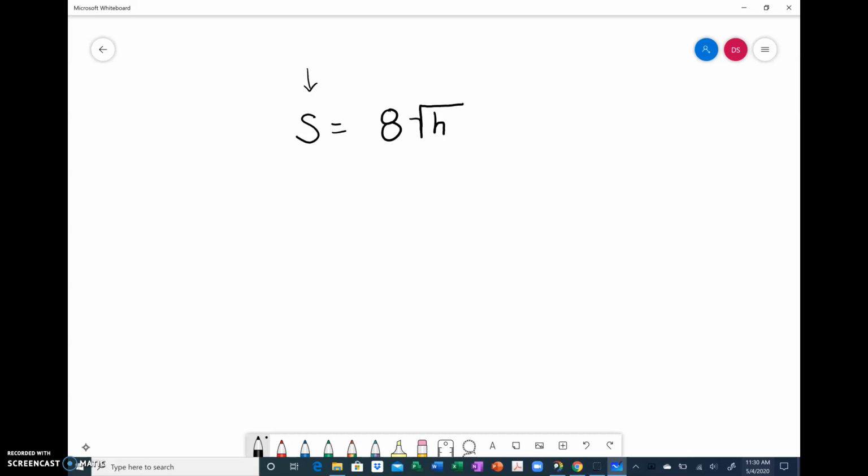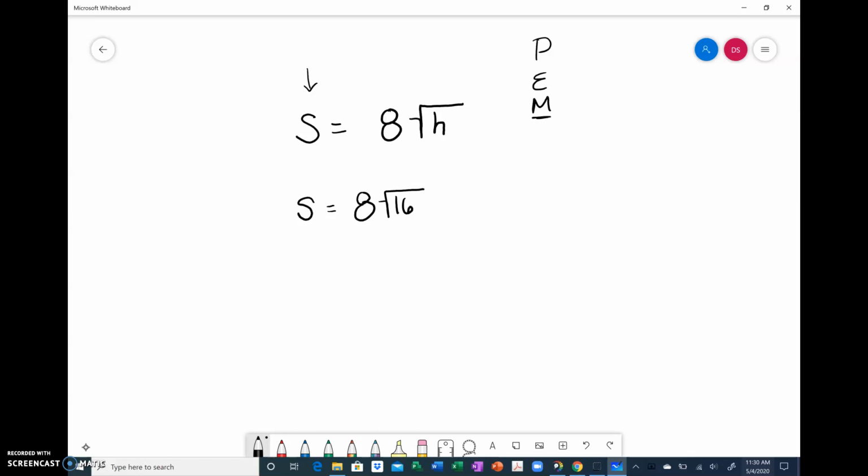We plug in what we know. We're looking for speed. We do not know that, but we know that we need this formula. 8 times the square root of h, and they told us that the height is 16 feet. Don't forget order of operations. I'm going to solve the square root before I multiply, okay?